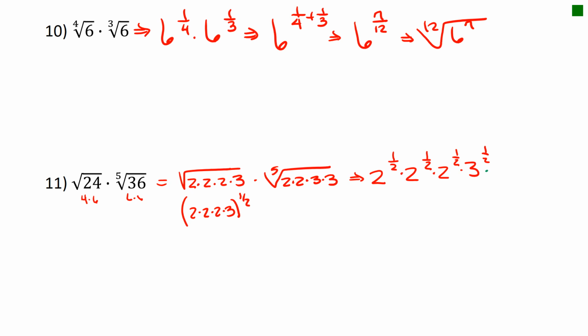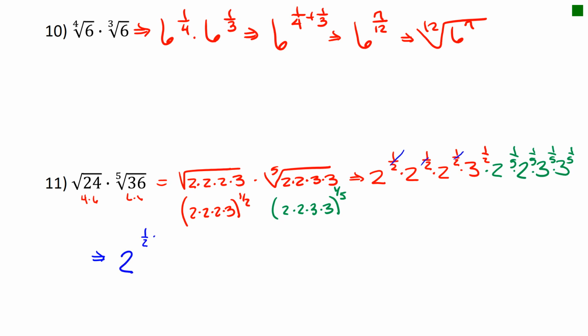For the next ones, I've got 2 to the 1/5. I'm going to run out of space. 2 to the 1/5, 3 to the 1/5, 3 to the 1/5. And that came from all of this radicand being taken to the 1/5 power. So then I'm going to put it all together. I'm going to move over here because I ran out of space. I've got 2 to the 1/2, 1/2, 1/2.